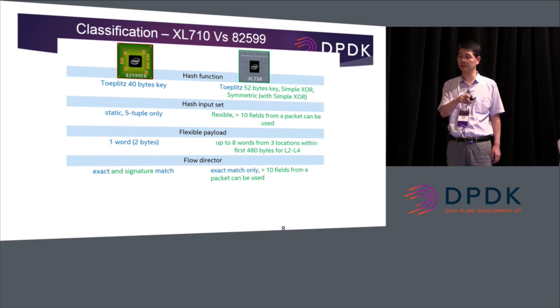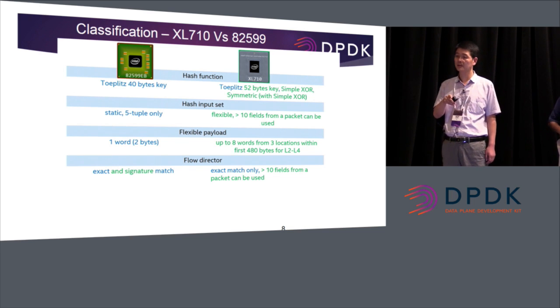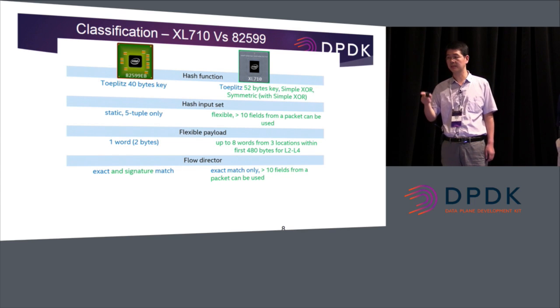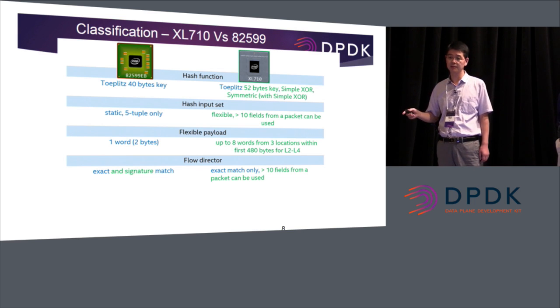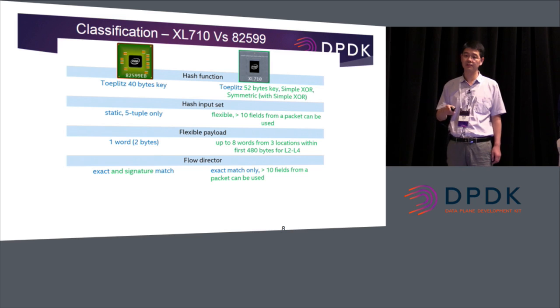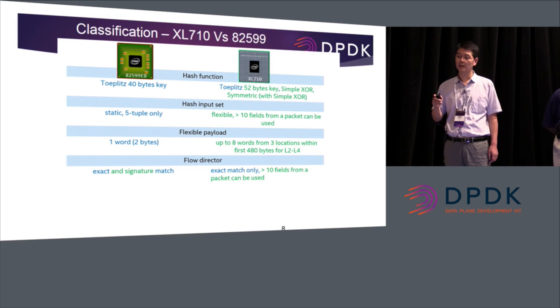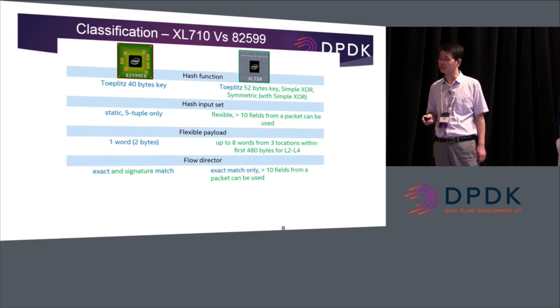Previously, we had no choice to do that, but now we can select the field from at most 128 bytes from the packet. We can select one or more fields for hash calculation. This is quite flexible for most hash scenarios.